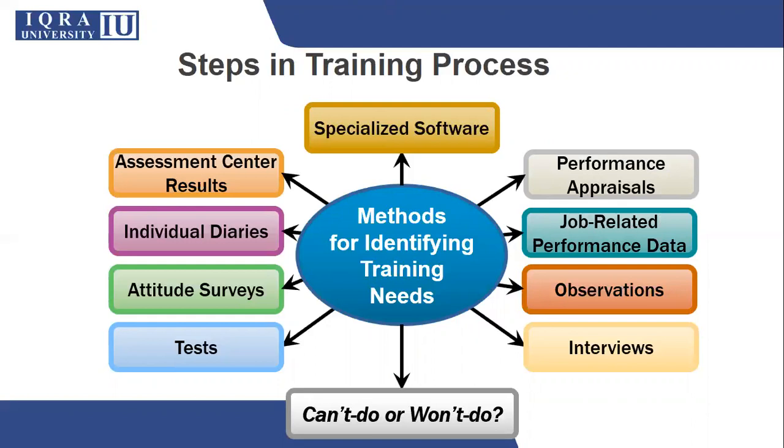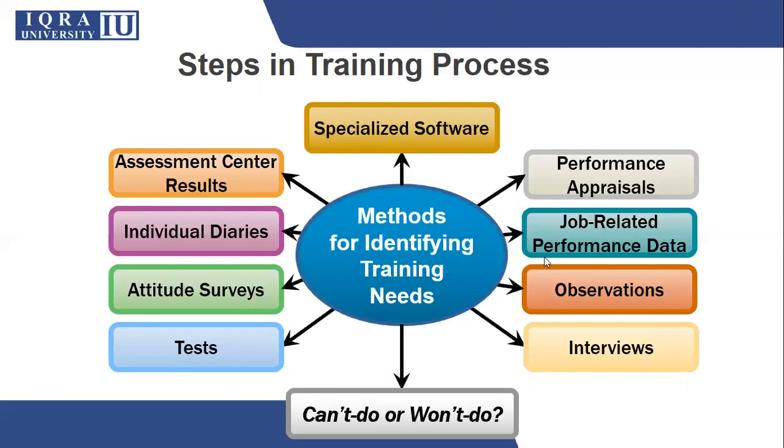Now, job related performance data includes productivity, absenteeism, tardiness, grievances, waste, late deliveries, product quality, downtime, repairs, equipment utilization, and customer complaints. These are the things that are all included in job related performance data.